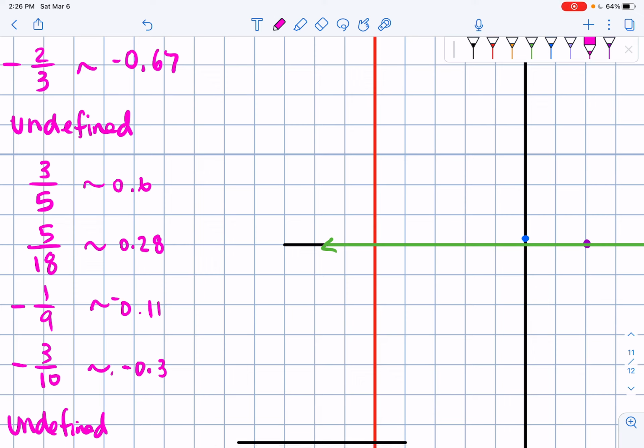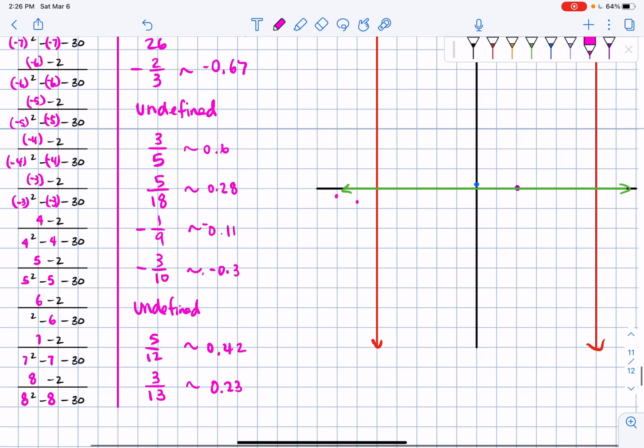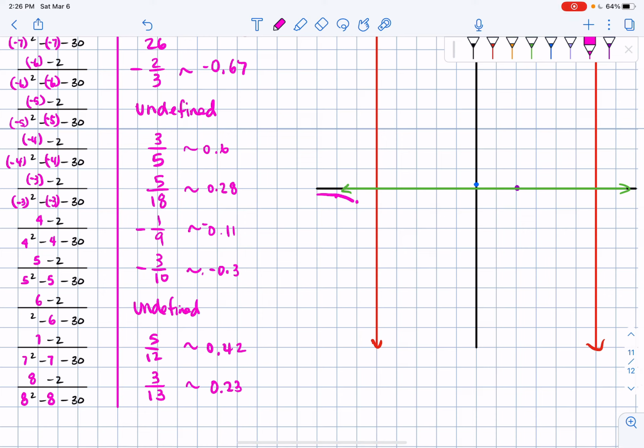Something like this, and then something like this. So that means it's going downward. So that tells me that this graph is going to go in this direction here. I'm trying to think of which way is better.